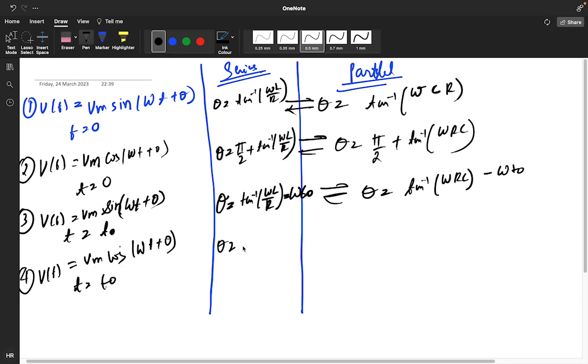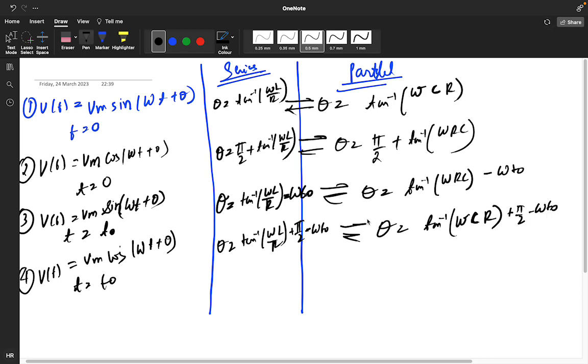So theta will be equal to tan inverse omega L by R plus pi by 2 minus omega t naught, and in this case theta will be tan inverse, by duality omega will be omega, L will be C, and 1 by R will be R, plus pi by 2 minus omega t naught.